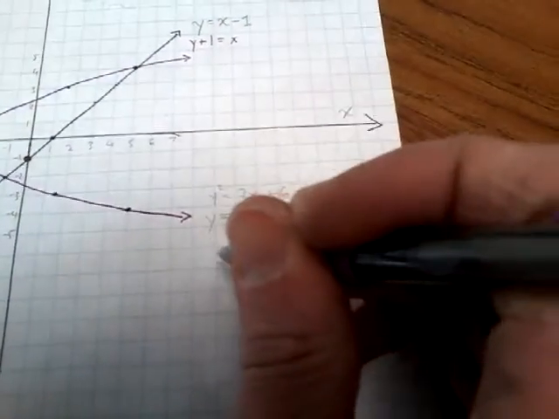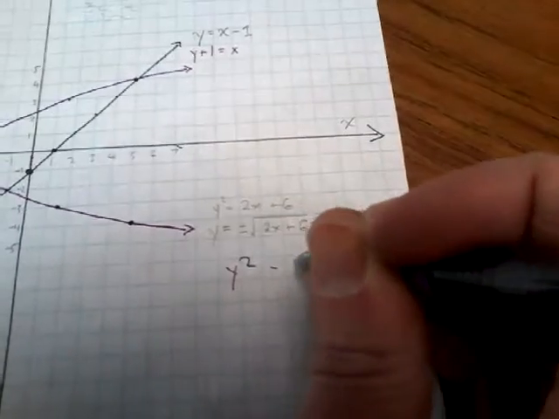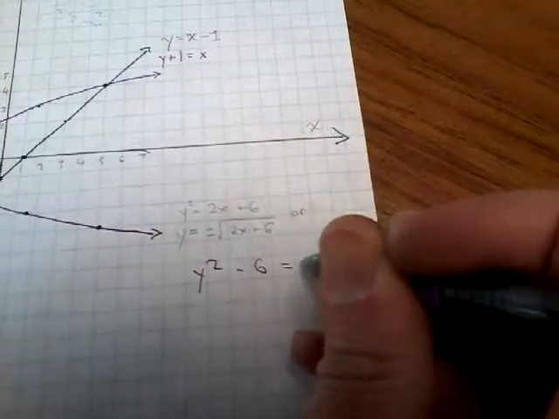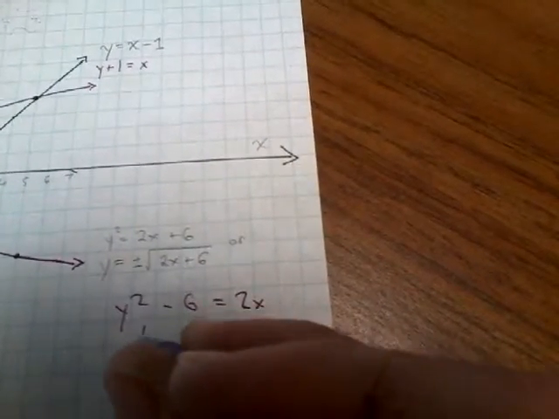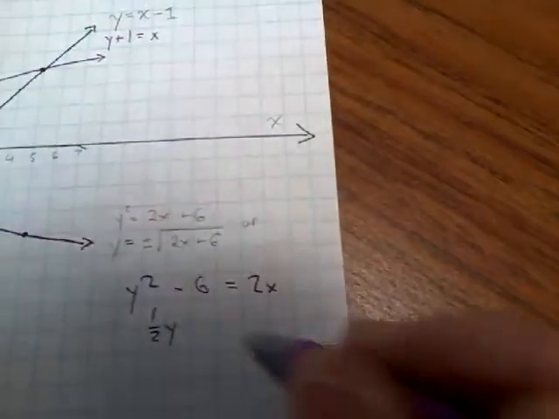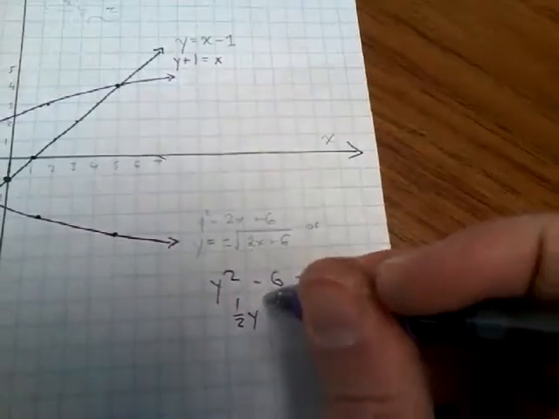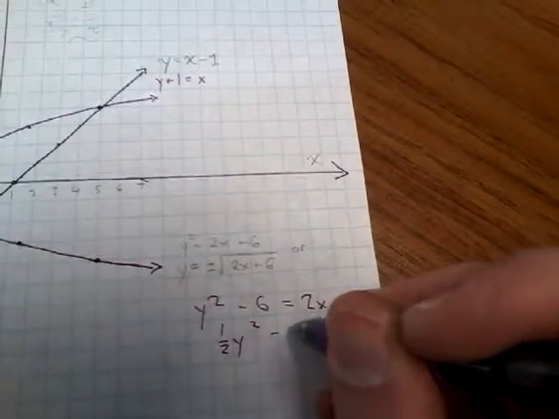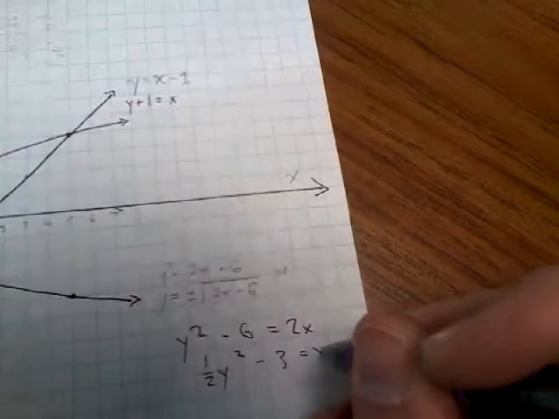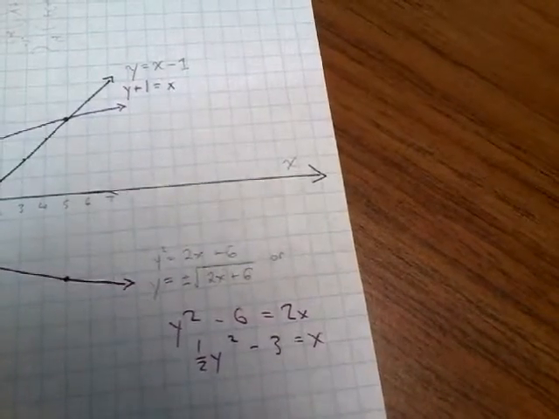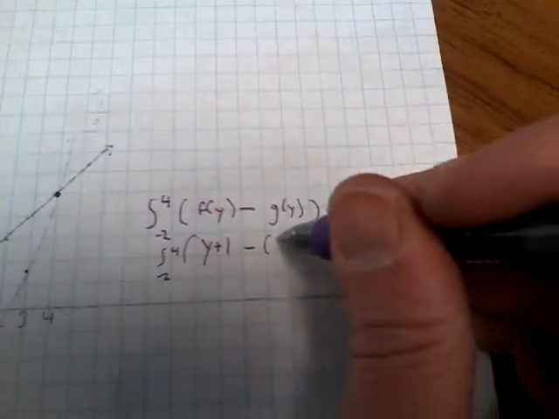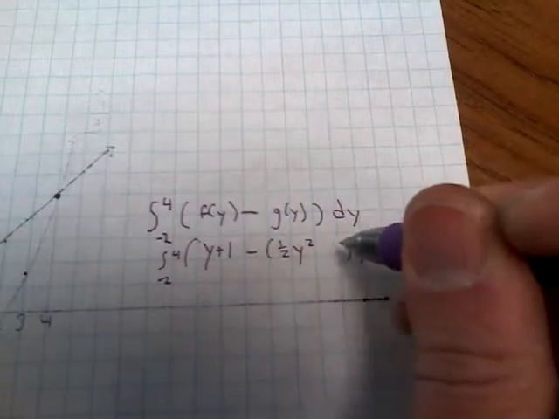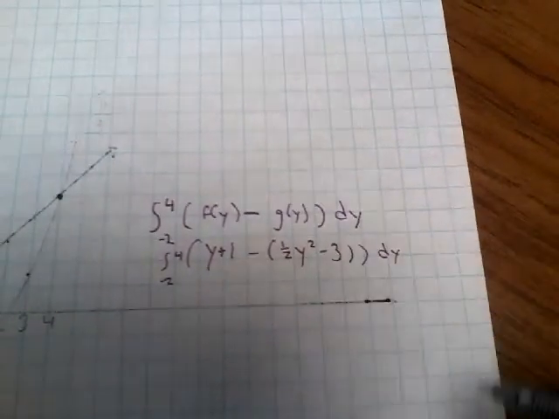So then we're going to subtract 6 from both sides, divide both sides by 2, and we have 1/2 y squared minus 3 equals x. So this will be our g of y, 1/2 y squared minus 3.